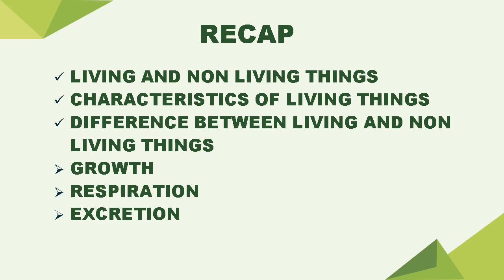Then we have studied the next characteristic, respiration. Respiration is the process by which energy is released from food in our body. The function of the respiratory system is to breathe in oxygen for respiration, producing energy from food, and to breathe out carbon dioxide.